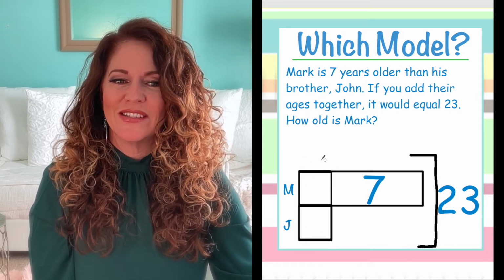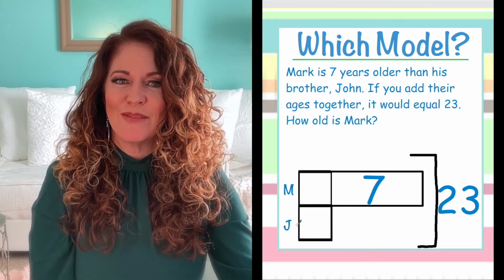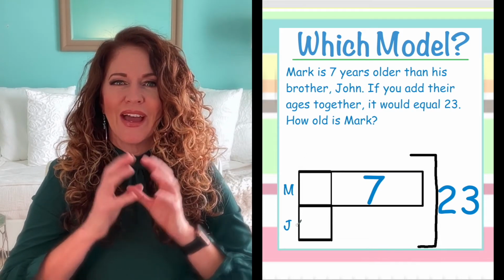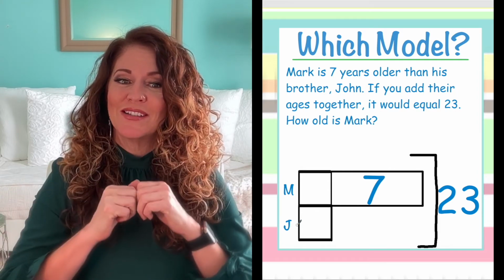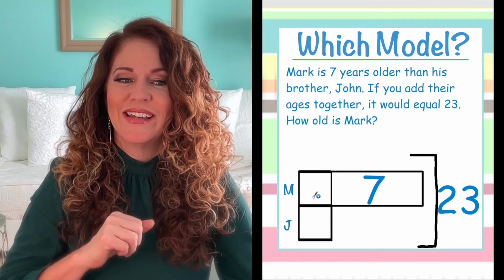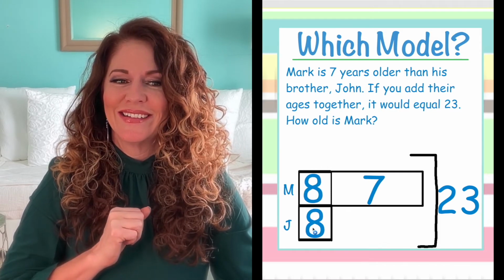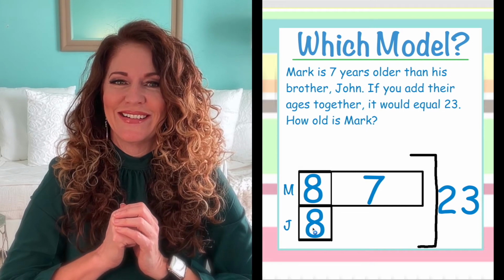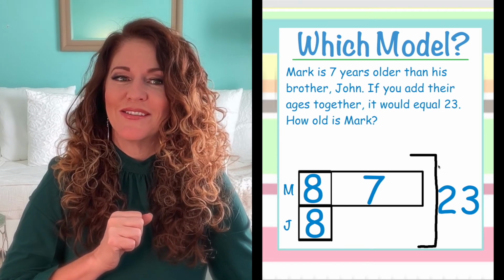So if these two boxes add up to 16 and they've got to be equal, I need to split that 16 apart into two equal boxes, giving me 8 and 8. So all of these numbers will add up to 23.